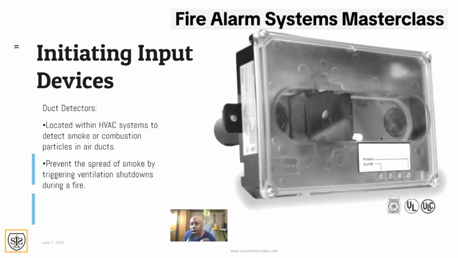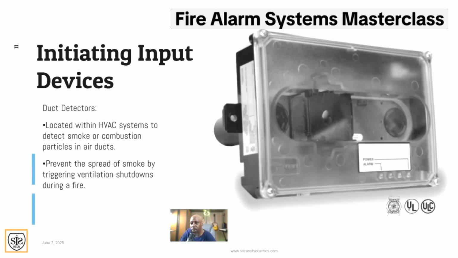Now, these are installed on the HVAC unit. Any debris or smoke that's traveling through the ductwork, there are 2 sampling tubes that connect to this duct detector, and it goes all the way to the back of the AC. And what it does is it has holes facing the way the airflow is.